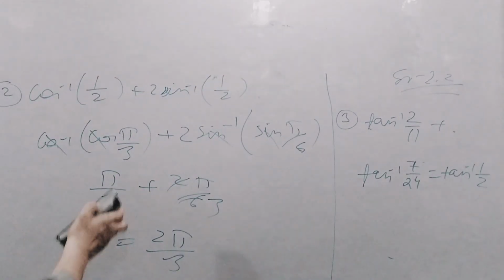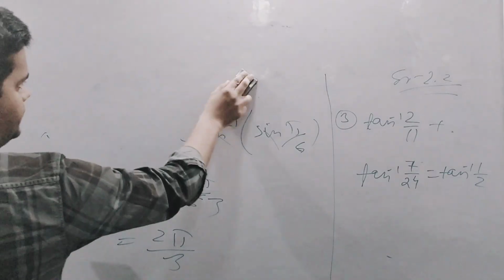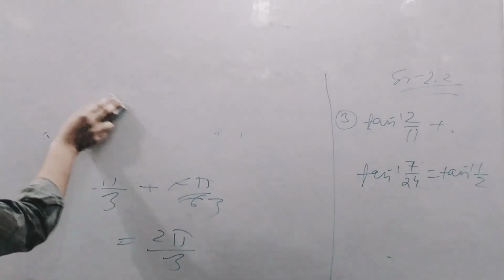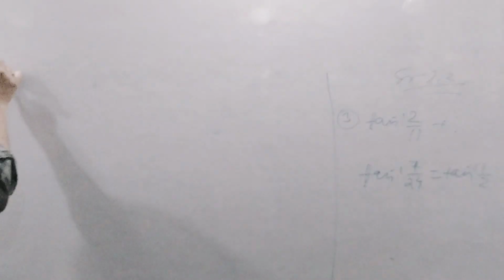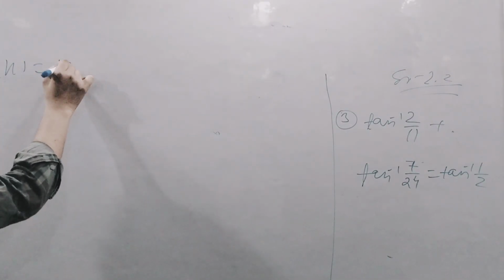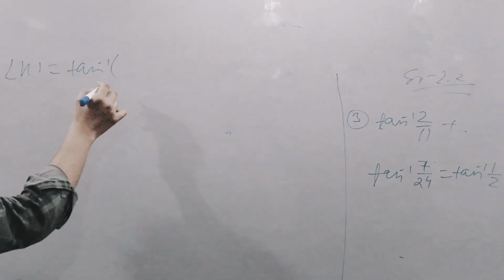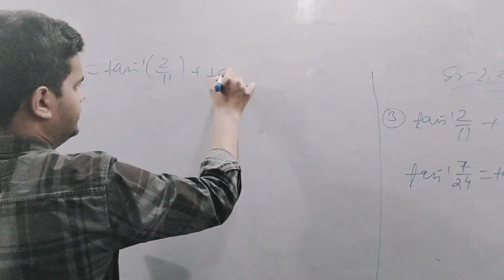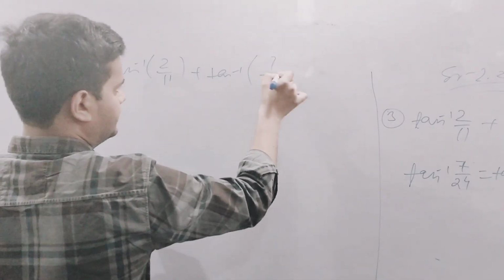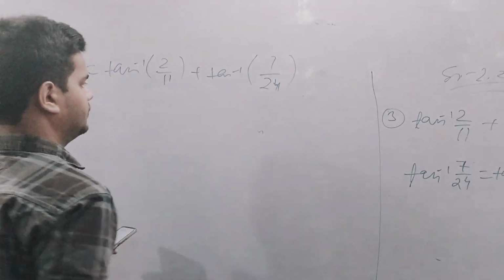Okay, so for this there is a formula we did in part 1, that now the LHS is tan inverse 2 upon 11 plus tan inverse 7 upon 24. Okay.